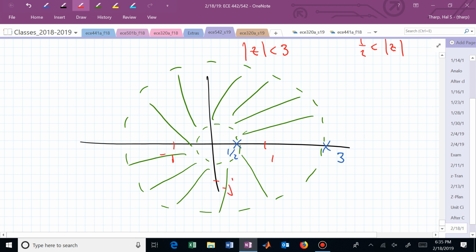And we can start making another useful interpretation, and that is that the unit circle is included in the region of convergence.